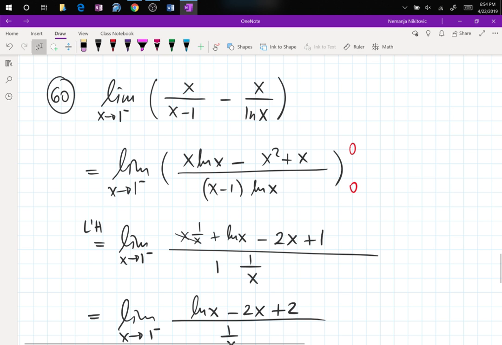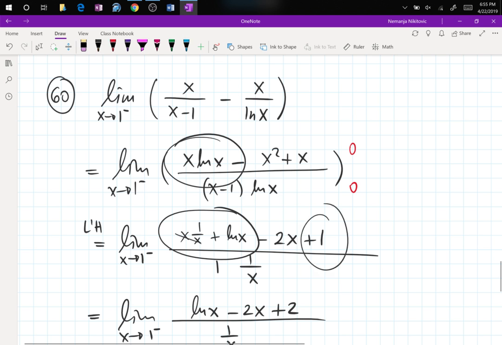Because when the derivative of this is here, isn't it going to be just 1 over x plus ln x over x? No, you have to copy the first, and then the derivative of the second, which is ln x, is 1 over x. They cancel and it becomes 1. And then that one plus this one is 2. Oh.